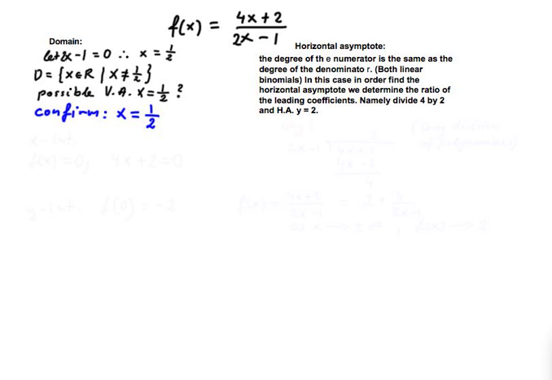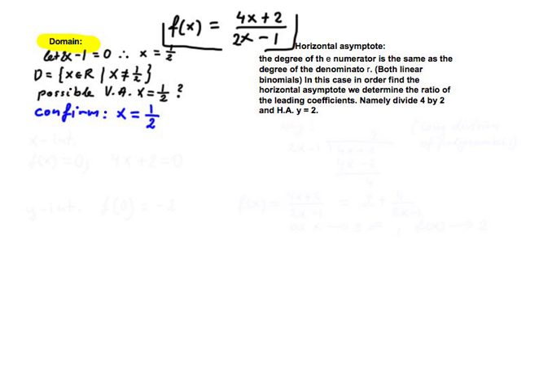Alrighty, so this is the example right here. First we'll define the domain. Domain is always a key for any rational function. Usually you'll find the domain by setting the denominator equal to 0.